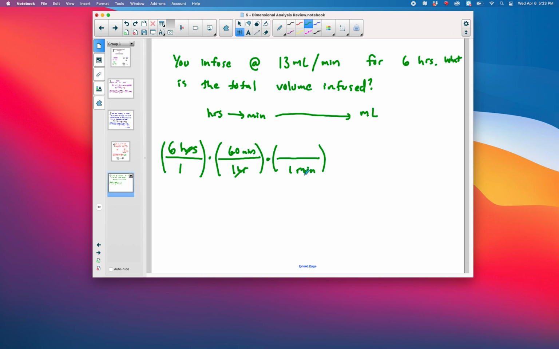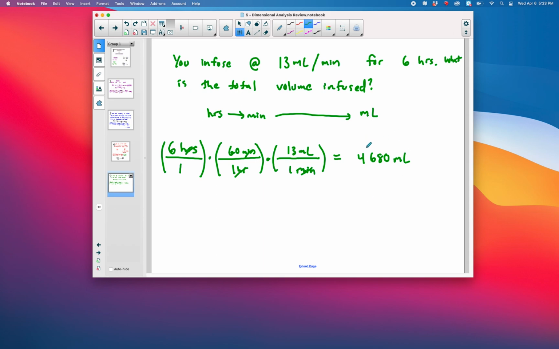Minute is on top, so I want minute on the bottom. And every minute that passes, I'm infusing 13 milliliters. Minutes cancel with minutes. So to find the total volume infused, I do 6 times 60 times 13, to get that I am infusing 4,680 milliliters over the course of 6 hours.